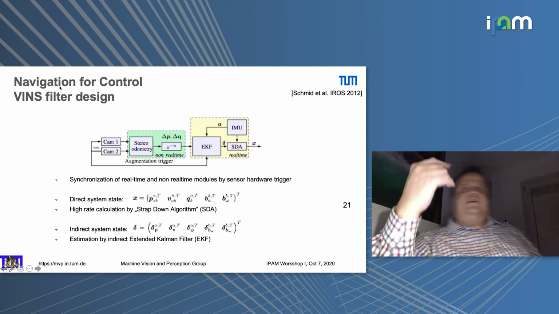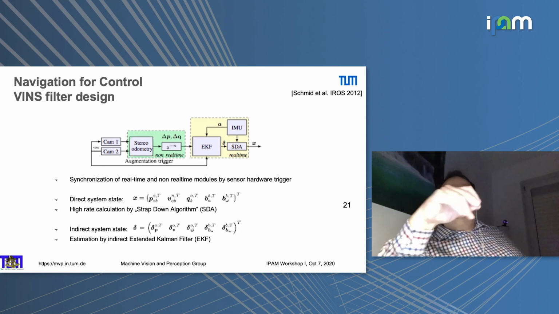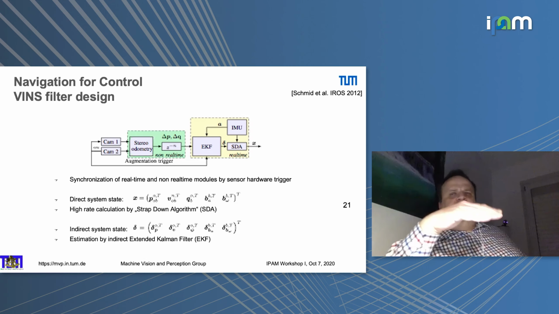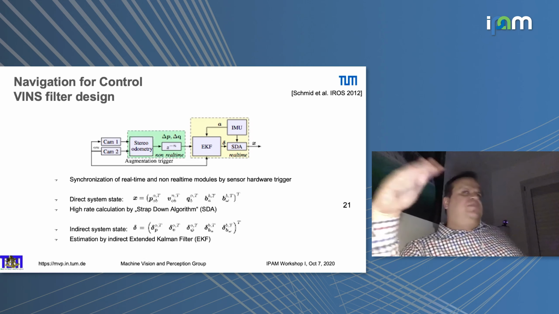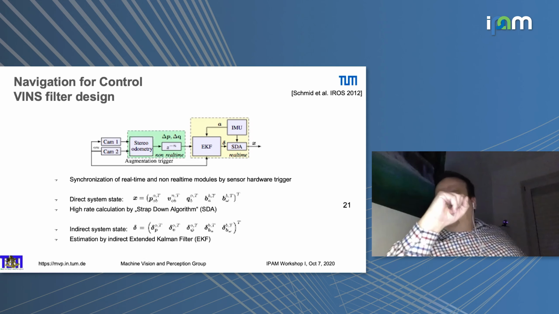This is something where the vision algorithm does not have too much of a time constraint. If it takes a little bit longer, it will not hurt the system just because your step size is quite large.